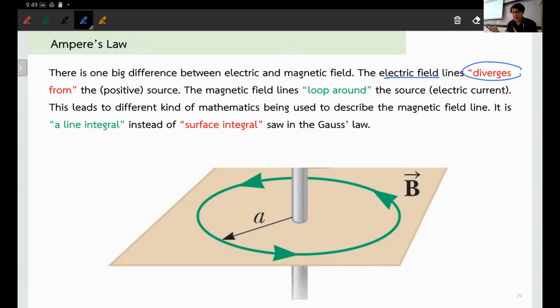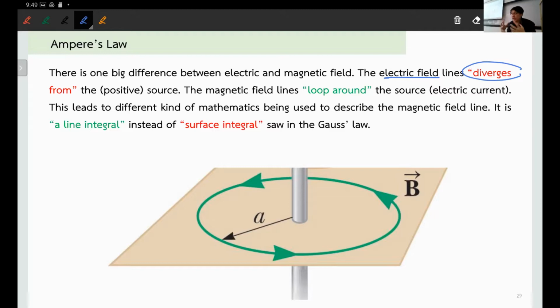But when you study the magnetic field, it doesn't have that characteristic. Have you noticed? The magnetic field doesn't diverge out, because you always have the north and the south pole side by side. So it doesn't have a diverging characteristic, but it has a looping characteristic instead. Makes sense?